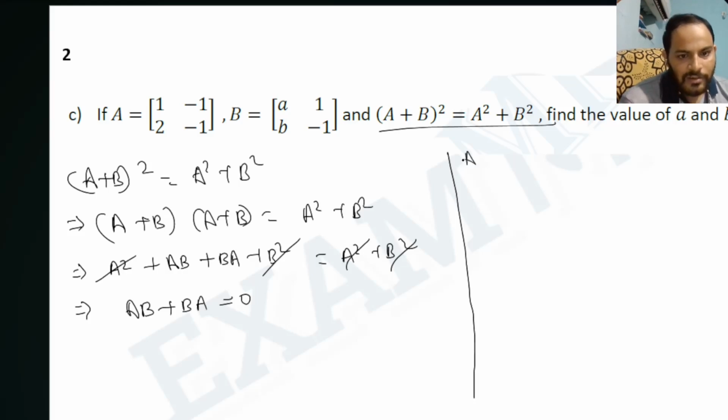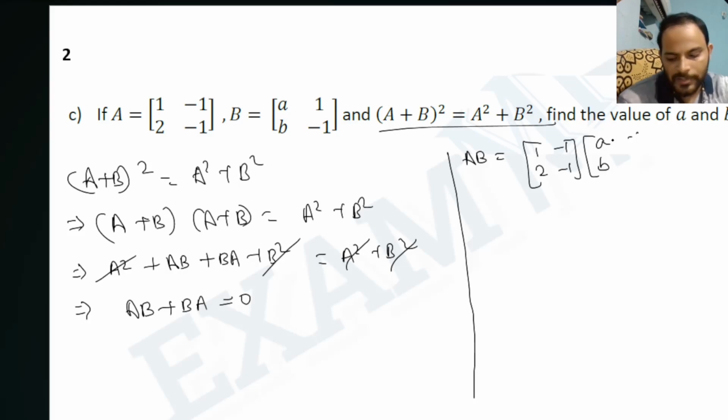Now AB, what is AB? That means [1, -1; 2, -1] times [A, 1; B, -1]. Now we'll multiply these two matrices, and the rule is the first row will get multiplied with the elements of the first column of the second matrix.